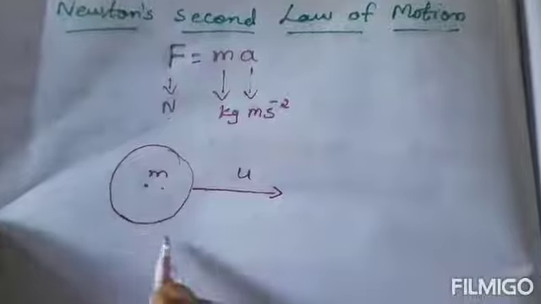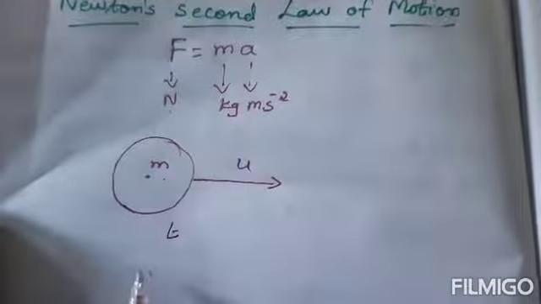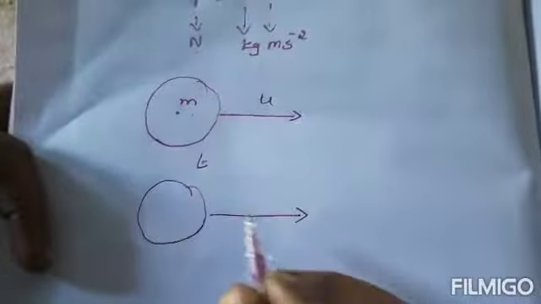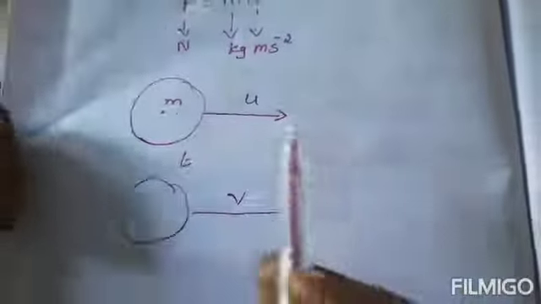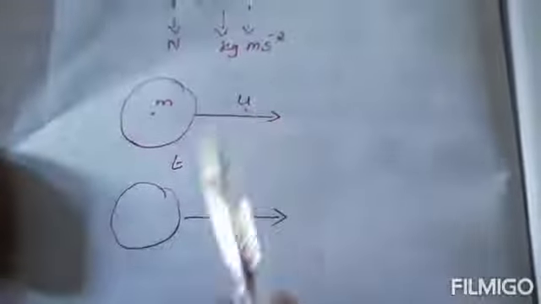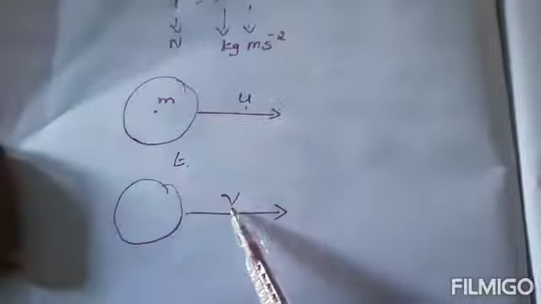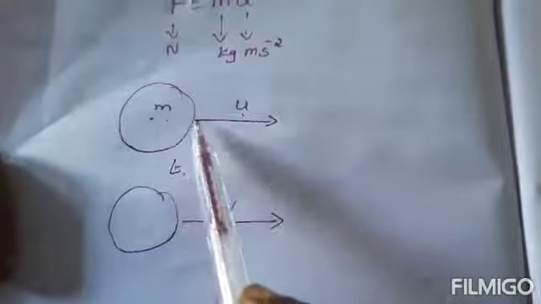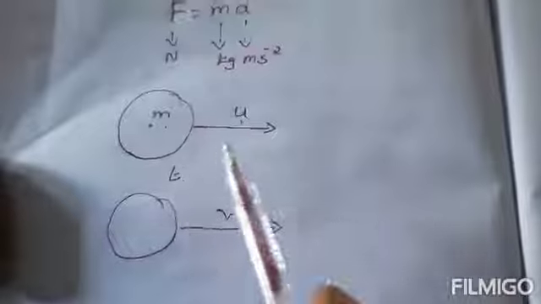Then after time t, the same object is moving with the final velocity v. First initial velocity u, next, after the time t, the final velocity is v. So let us consider the mass m moving in a straight line, the initial speed u. After the time t, the final velocity is v.